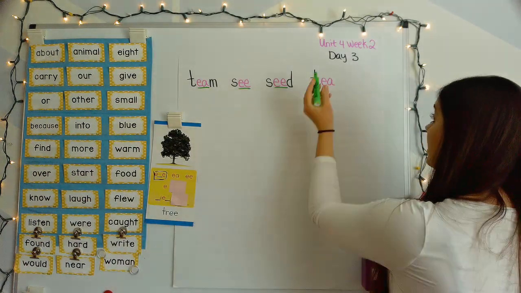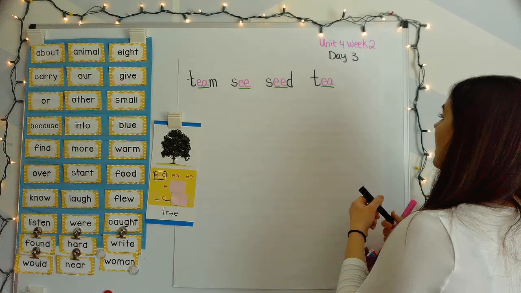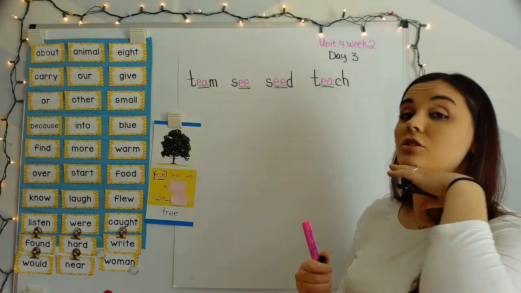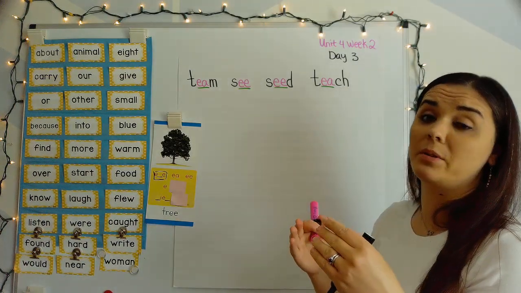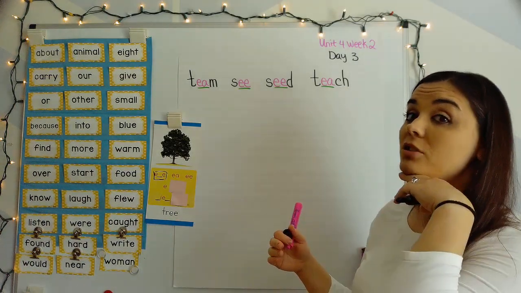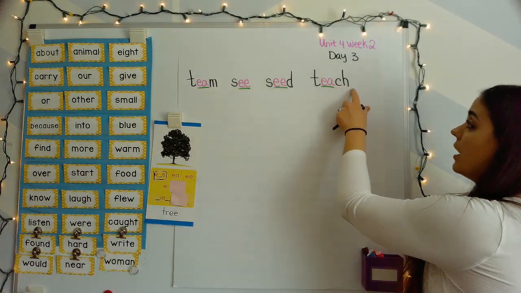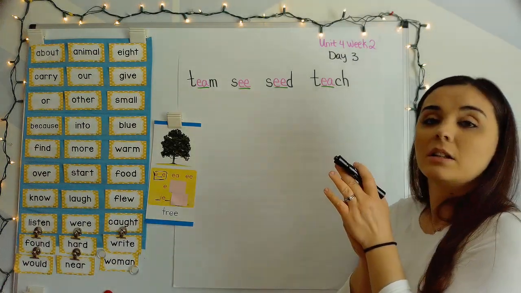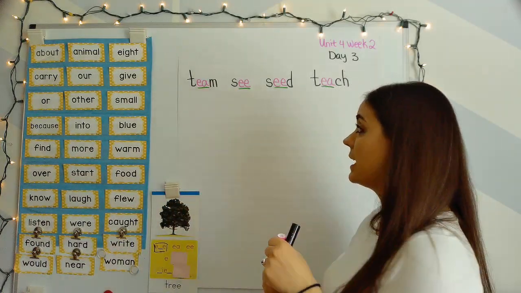They work together to say long E. And C-H. The ch, like chin. Again, a digraph, you just have to know that when those two are together, they say ch. They will never, ever say kuh-huh in a word. Those two, ch.